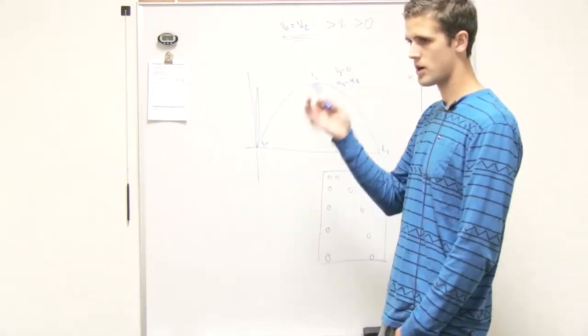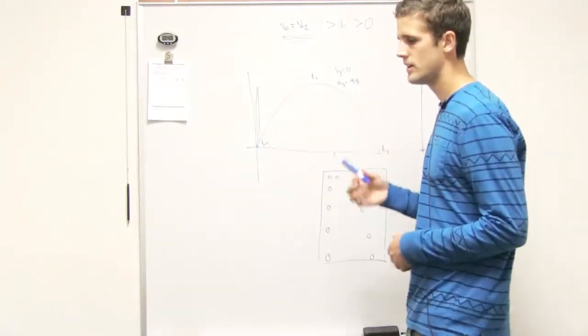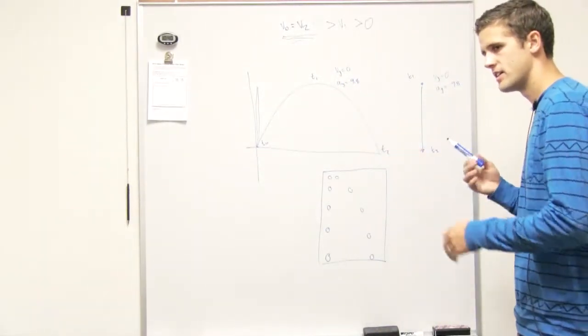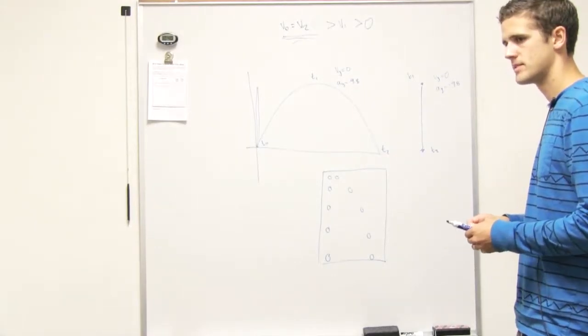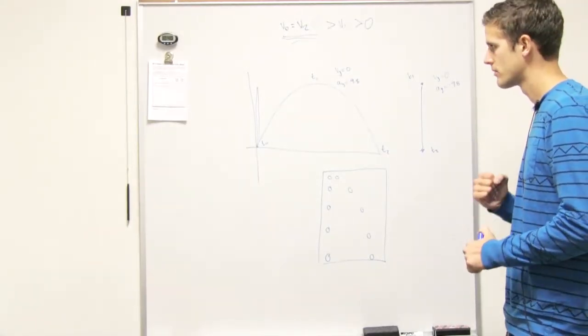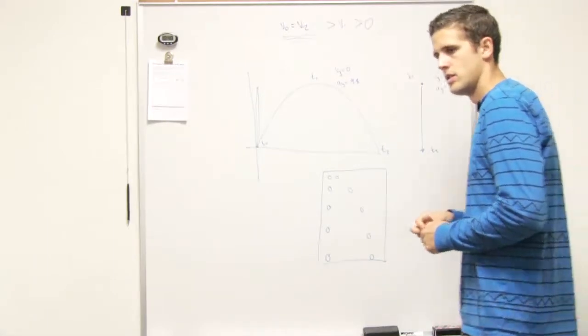So even though you throw one ball straight up and you throw the other one out, if you throw them at the same Y velocity, then they're going to follow the same times as far as Y. Gotcha.